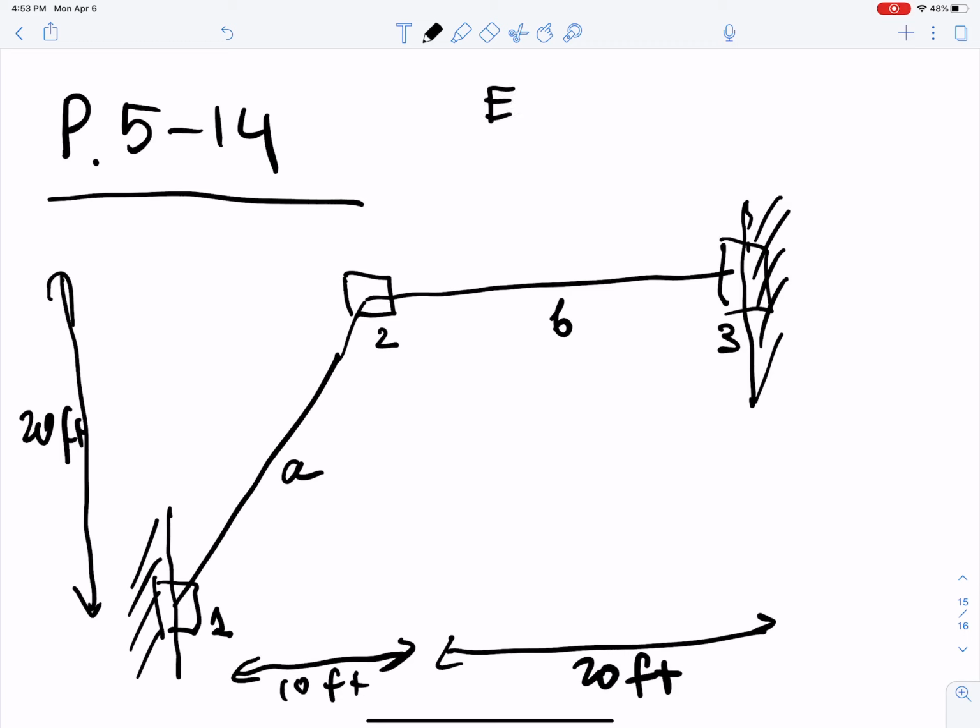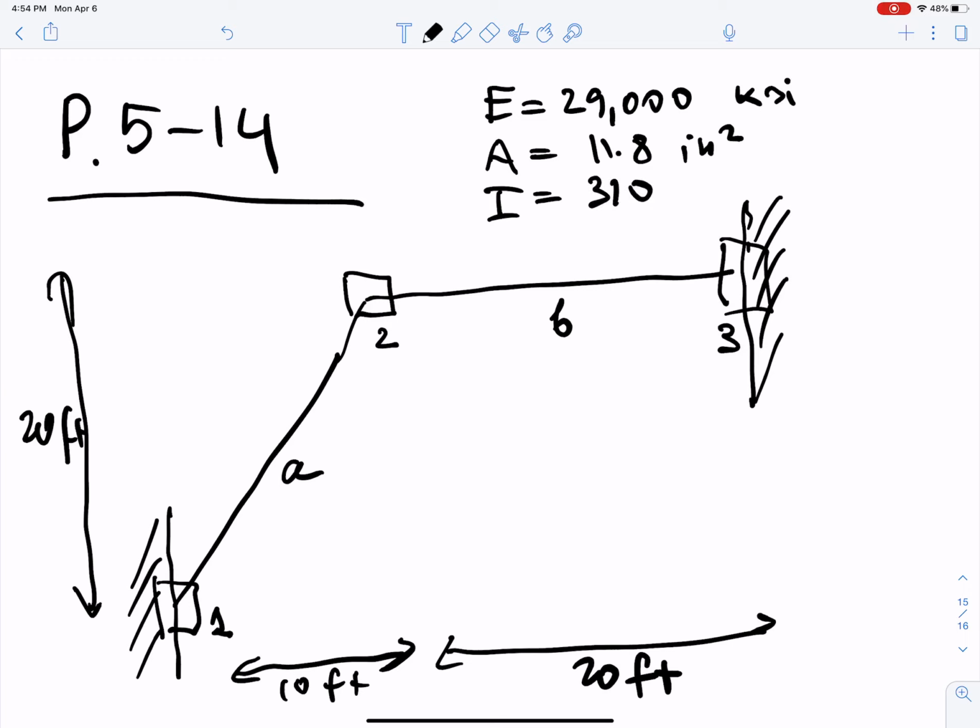Now we're going to assume that the Young's modulus is 29,000 kilopounds per square inch, KSI. Area for each beam column is the same, and the cross-sectional moment of inertia is 310. The dimension here is inches to the 4th.